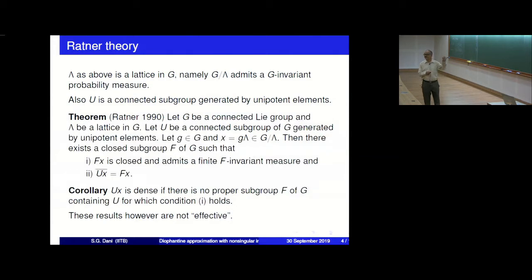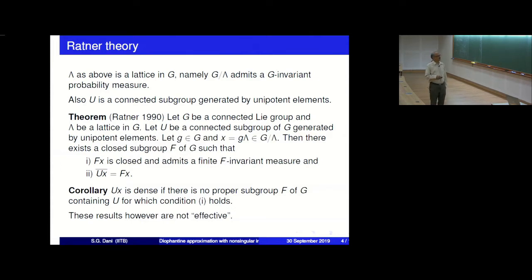So this restricts to a particular class of groups, and the closure is an orbit of one of these. This framework tells you which orbits are going to be dense. All that you need to check is that there is no proper closed subgroup F containing U for which this condition holds.